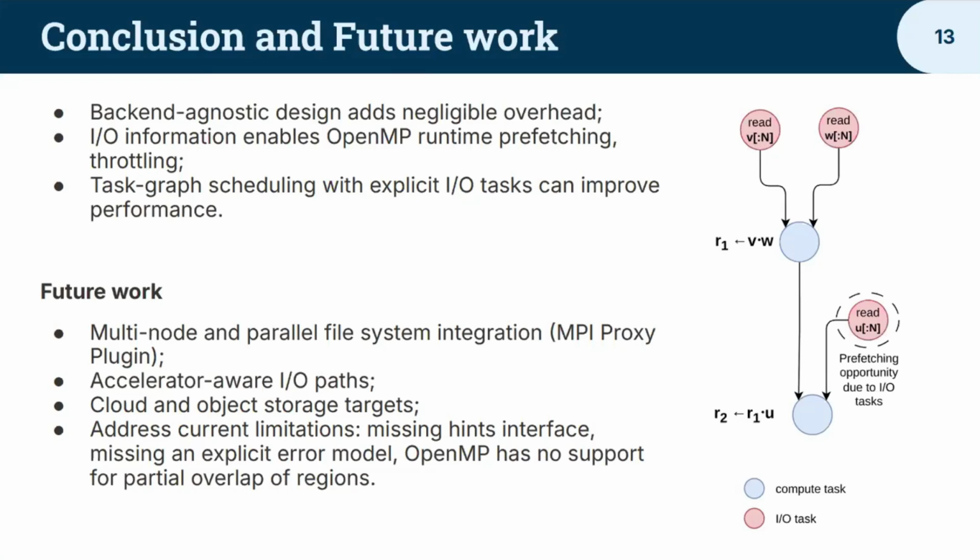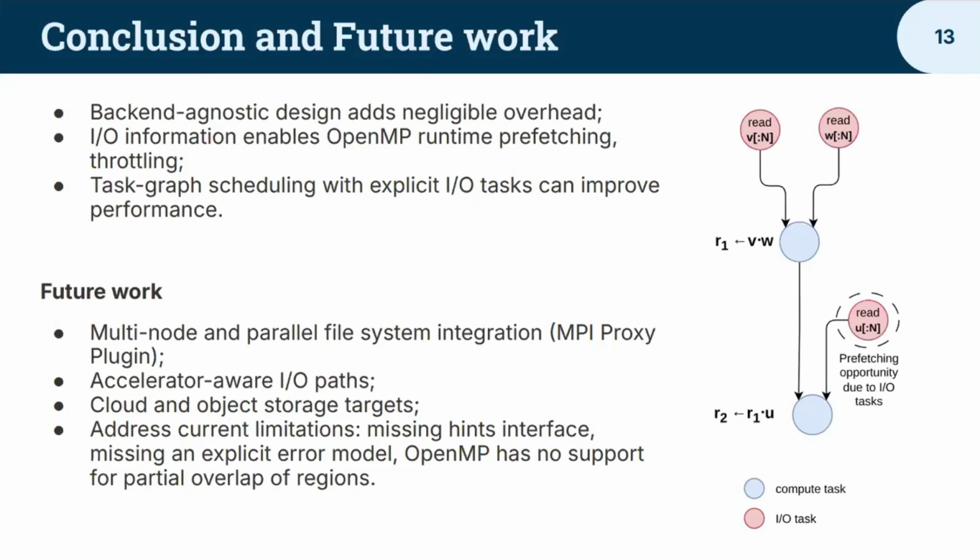As future work, we believe there is a natural extension to run this on multiple nodes and leverage optimization techniques from parallel file systems automatically from the runtime side. For that, we are going to rely on the MPI proxy plugin. We can also think about accelerator-aware I/O paths.